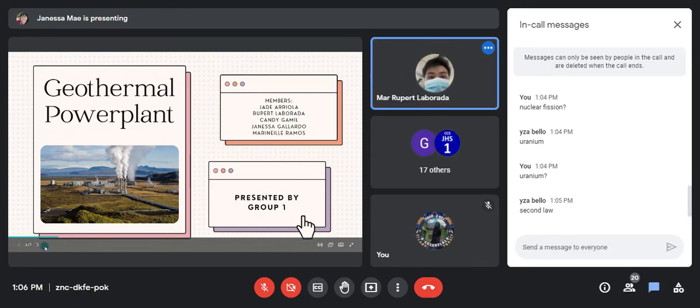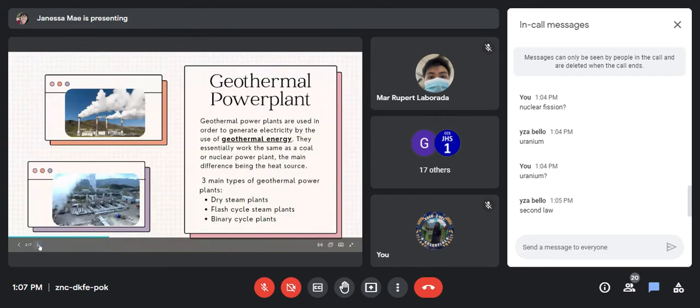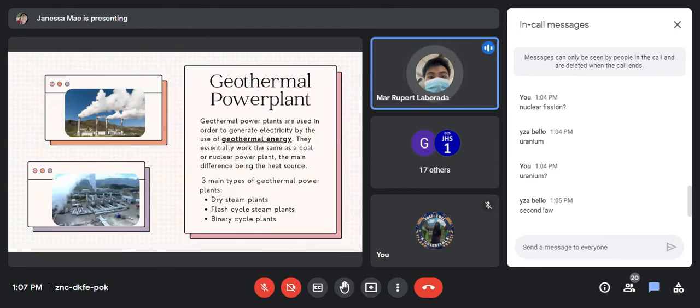Good afternoon, classmates. Good afternoon, Chair Maita. We are Group 1 and we will be presenting about geothermal power plants. Geothermal power plants are used in order to generate electricity by the use of geothermal energy.